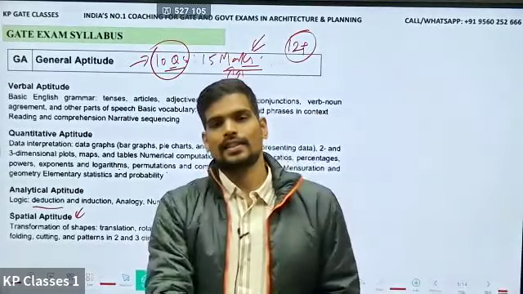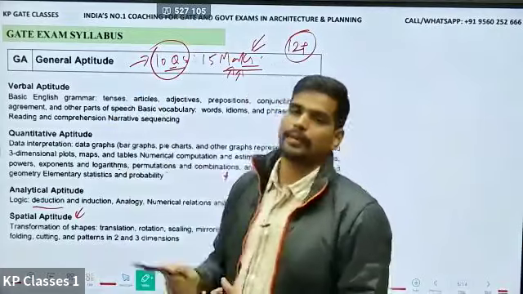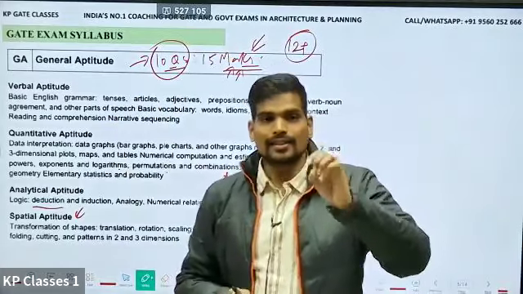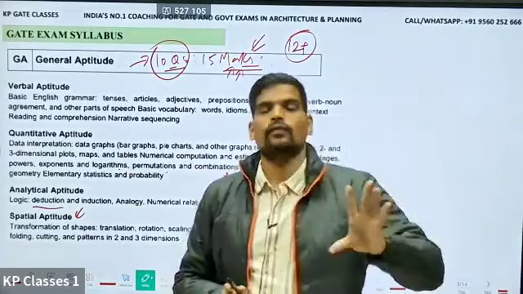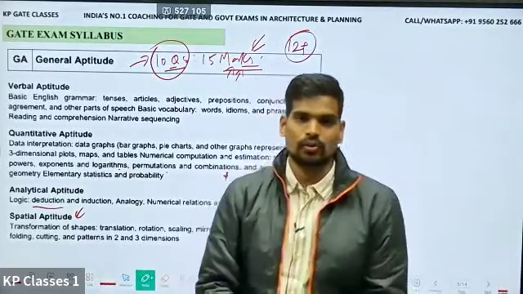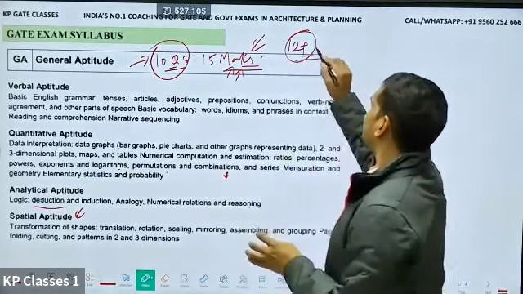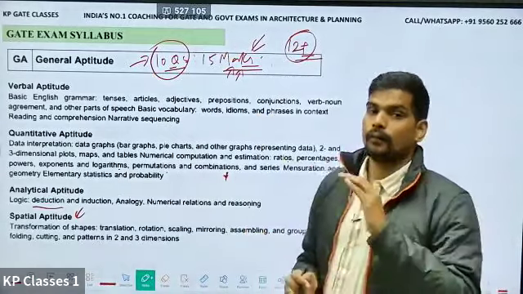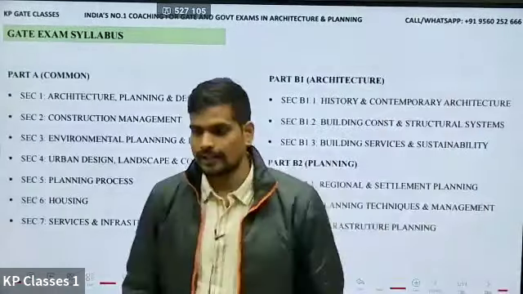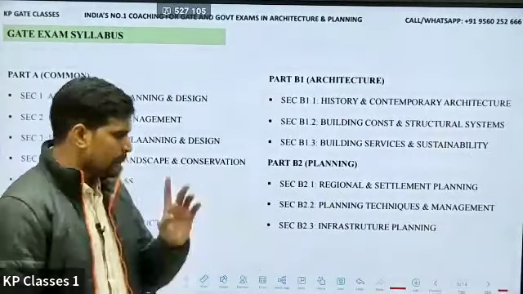Right now, if you open last year's GATE paper and solve the general aptitude 10 questions, I'm 100% sure you will get a correct answer in at least 4 or 5 questions with zero preparation. Now, with preparation, you can easily take it to 7 or 8. So you should ideally target 12 plus in the general aptitude for sure. That will give you a major boost for your score and the rank in the GATE paper.